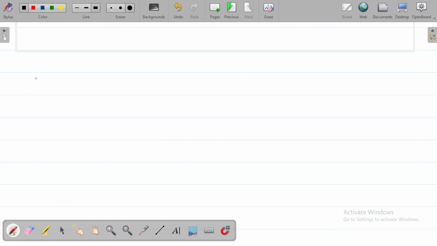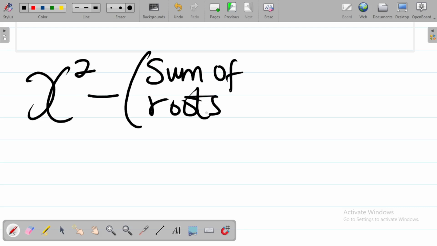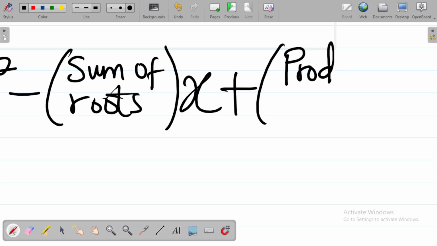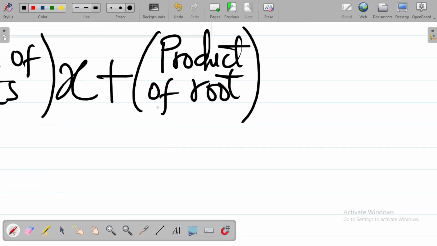Now remember that x squared minus sum of roots multiplied by x plus product of roots is equal to 0.